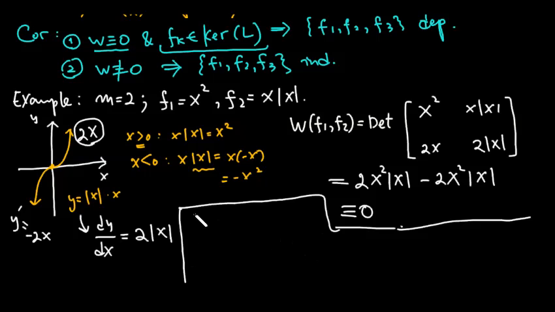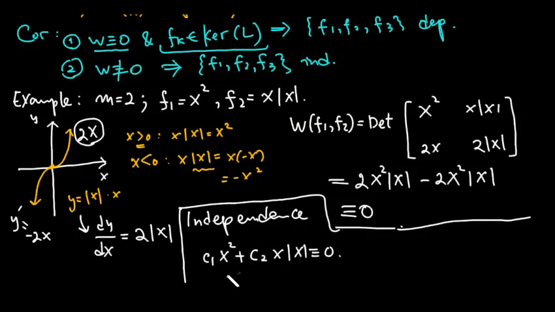To establish independence, we consider the linear combination c1 times x squared plus c2 times x times absolute value of x being identically 0, and conclude that if this happens, c1 must be 0 and c2 must be 0. If this is identically 0, you play with some special values of x and determine c1 and c2. Let's try x equals 1, for example.